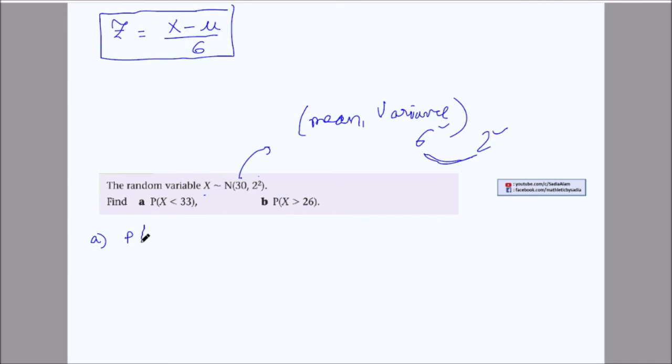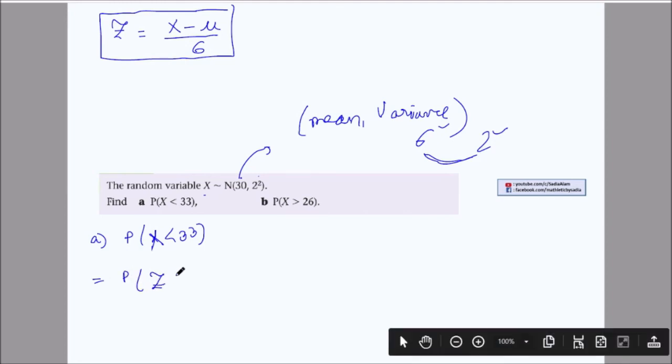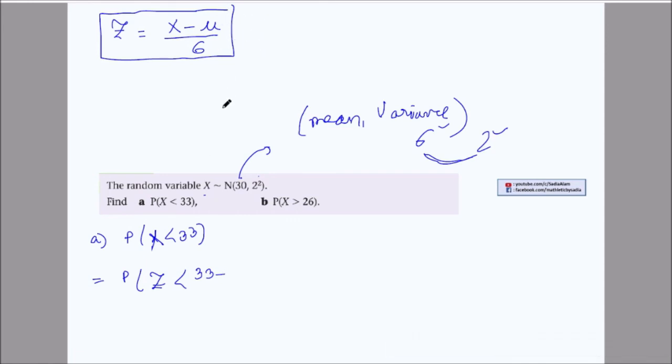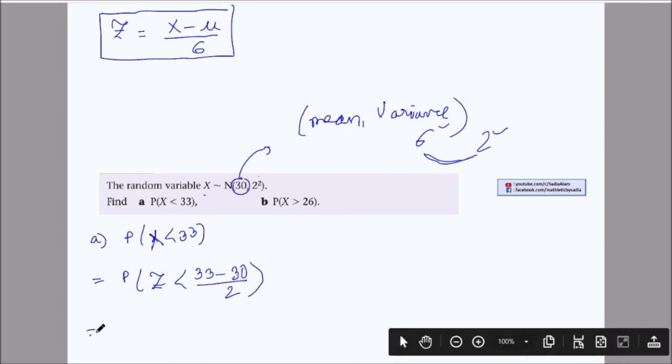So if we need to solve this, x less than 33, we cannot get the value from the table, we need to convert that into z first. So if that's z, in that case it's 33 minus what? Mean and sigma, mean and standard deviation. Mean is 30, standard deviation is 2, so we get z less than 3 by 2, which is 1.5.